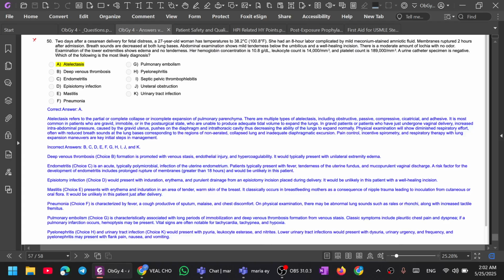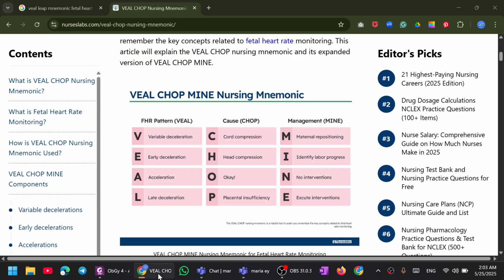In post-operative, on the first post-operative day, the most common infection is atelectasis because the patient lies down and cannot do the breathing exercise. That's why atelectasis can happen.